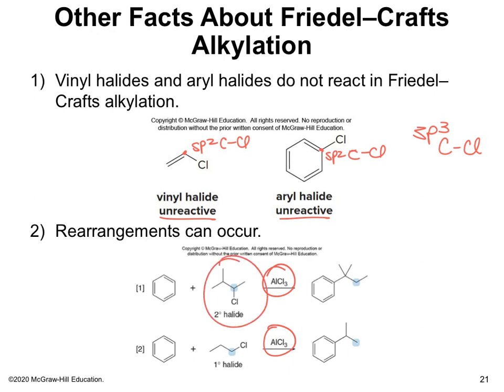Here you have a secondary carbocation, so you need to check with its neighbors. If you switch places here, that would be a primary, but if you switch places here, it would be a tertiary. Tertiaries are more stable, so you will expect a hydride shift.